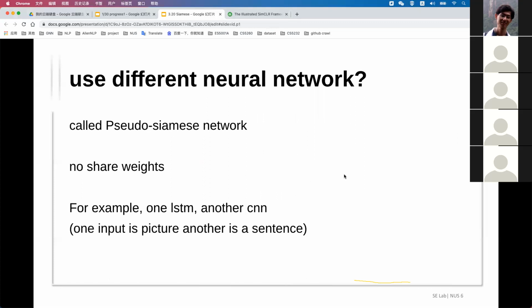If you use different neural networks, it's called a pseudo Siamese network. There are no shared weights. For example, one LSTM and one CNN. That means one input is a picture and the other is a sentence, and you want to measure the similarity of a picture and a sentence, so you use different neural networks.